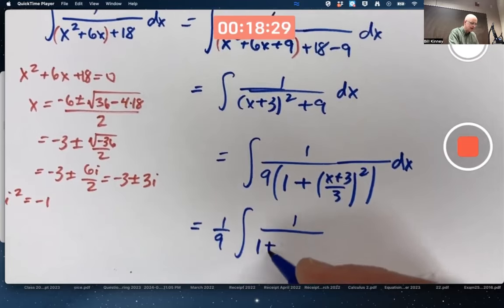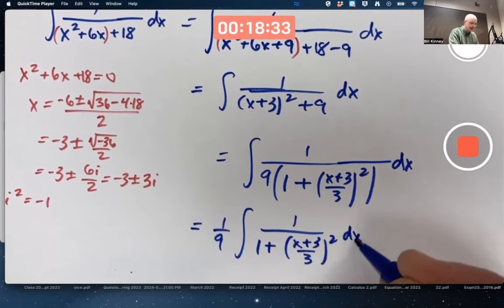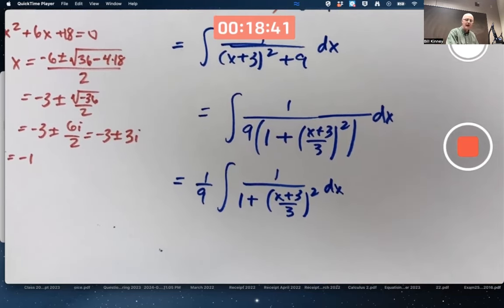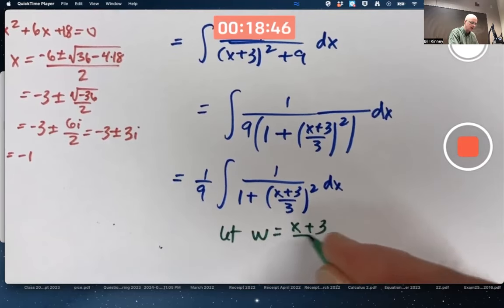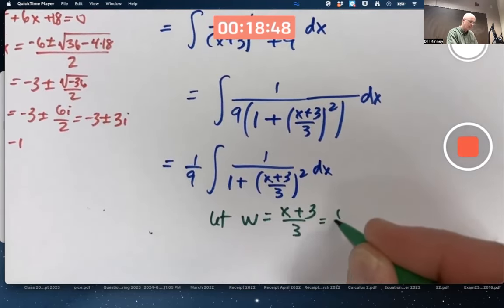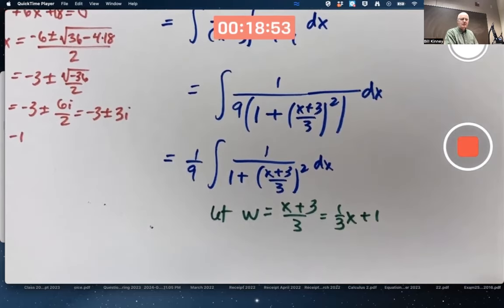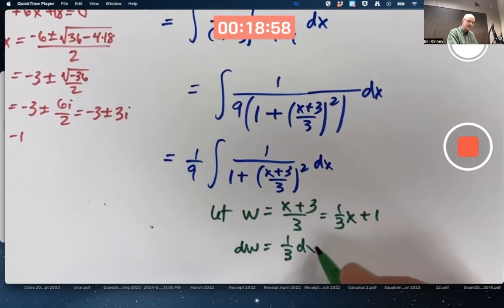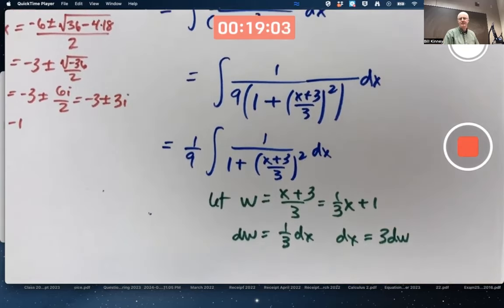Okay, now we want to use a substitution. If that were just a plain old x squared, this would be easy. Or if it were a plain old w squared, it'd be easy. How about we let w be x plus 3 over 3, which is 1/3 x plus 1? Then dw would be 1/3 dx. So dx would be 3 dw.